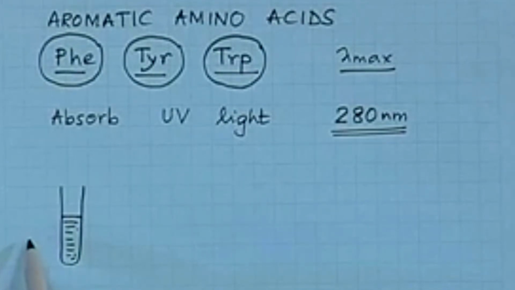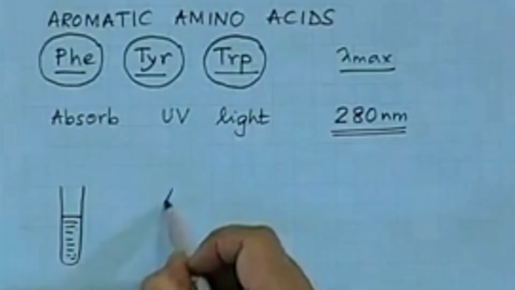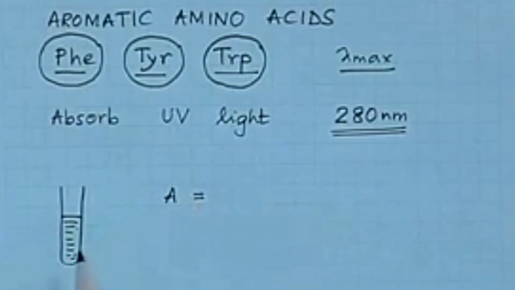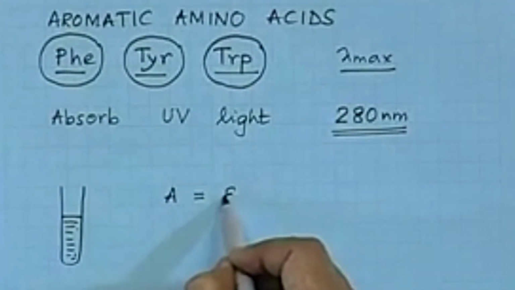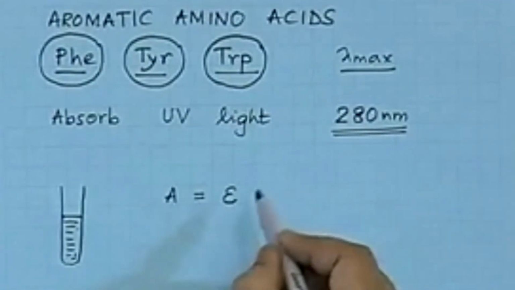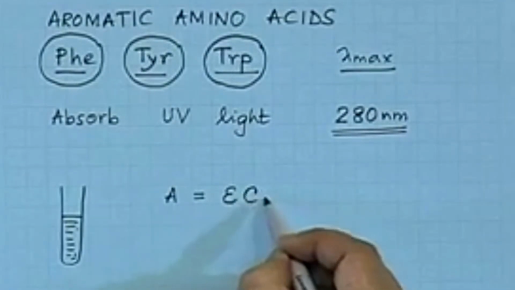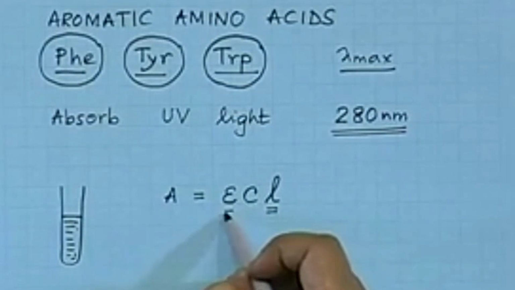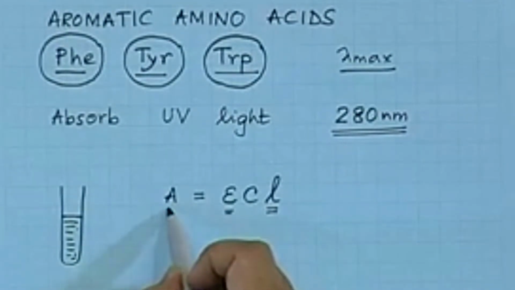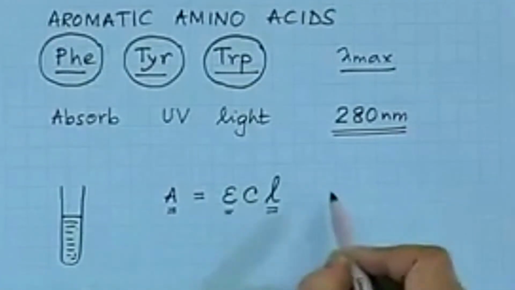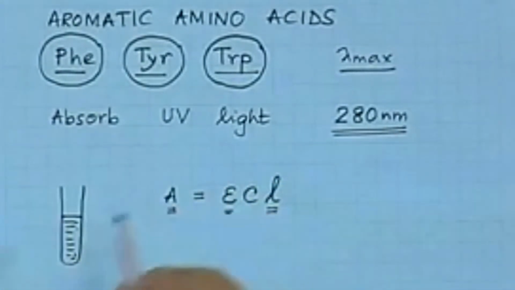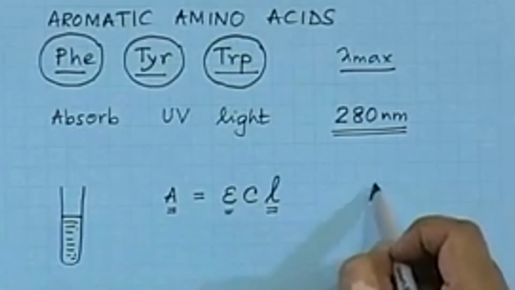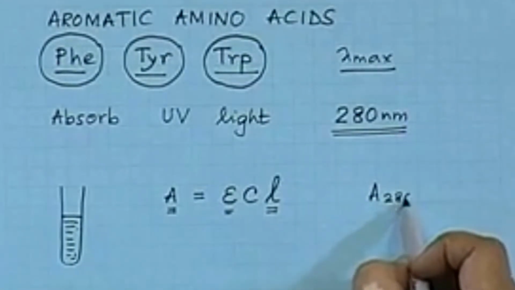So, if we monitor or we find out the absorbance at 280 nanometer, we know what is called the extinction coefficient of our protein, and we know the length of the cell, and we know what the absorbance is at 280 nanometer, which is also represented as A280.